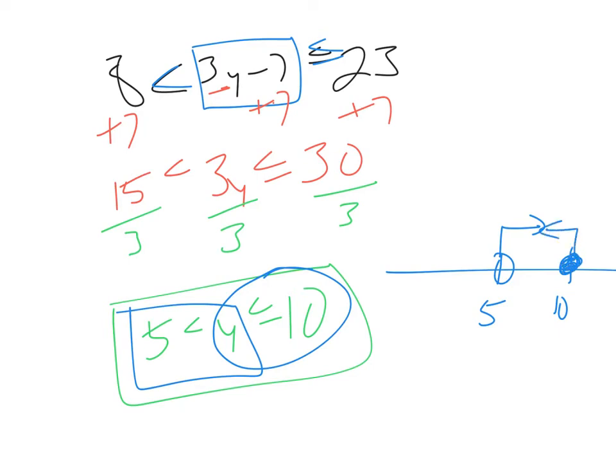Now let's think about what our solution is. Our solution is everything that's in between 5 and 10, because y has to be bigger than 5 and less than or equal to 10. We call that solution an intersection. For "and"s, the solution is called an intersection.